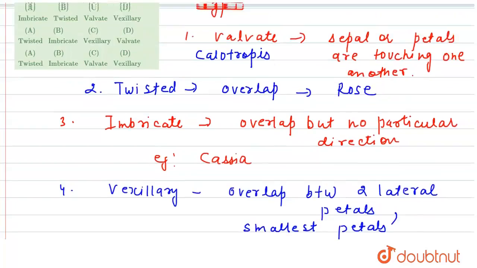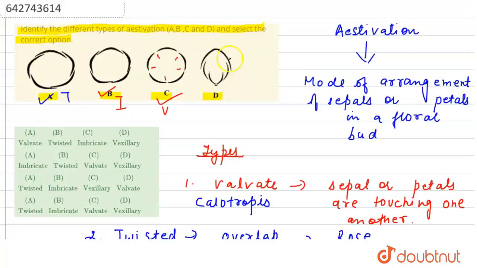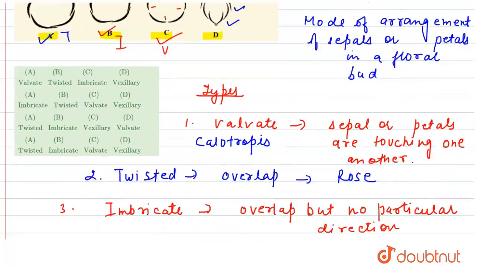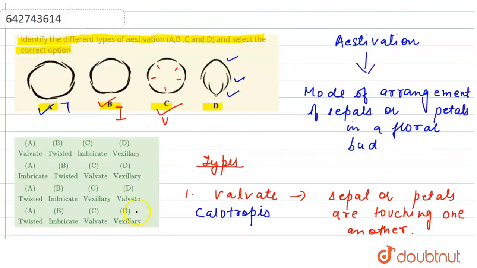In the diagram, the overlap is between the two, then there is the overlap of the petals and sepals both. So this makes our option 4 right: twisted, imbricate, valvate and vexillary here.